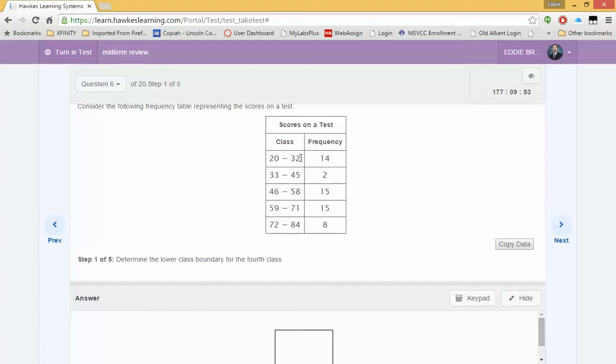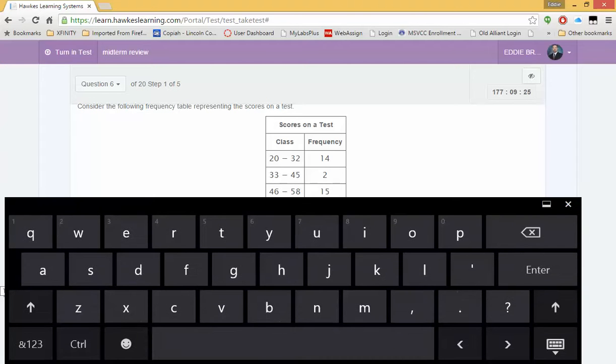So if you go 0.5 more than this, or 0.5 less than this, you have the class boundaries. The lower class boundary for the fourth class, if you subtract 0.5 from 59, you get 58.5. So you need to make sure that you pay attention whether it says class limit or class boundary.